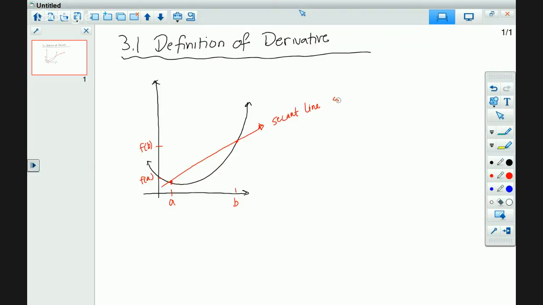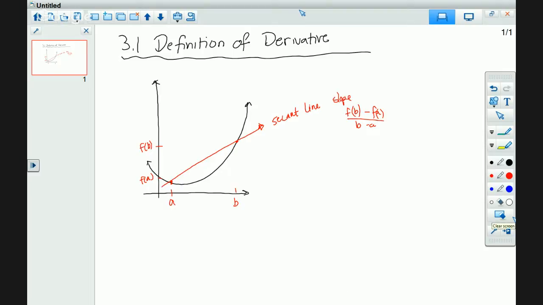So the slope is f of b minus f of a over b minus a, right? That's the formula we've been using. You've been doing that for years.